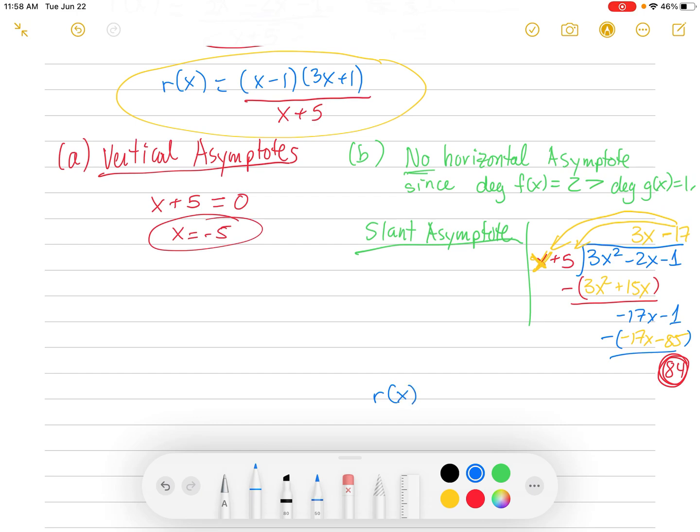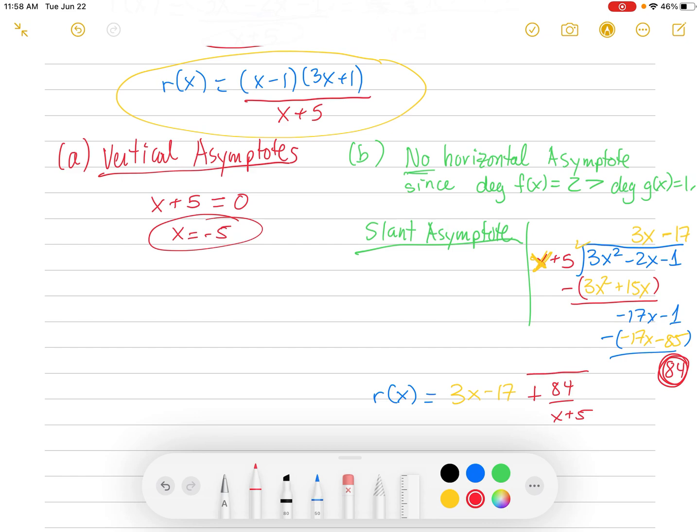Okay? So that means my function here, what's my function? I forgot what my function was. It was like r of x. Another way to write this function is to take the quotient up top, which is 3x minus 17, write that down.